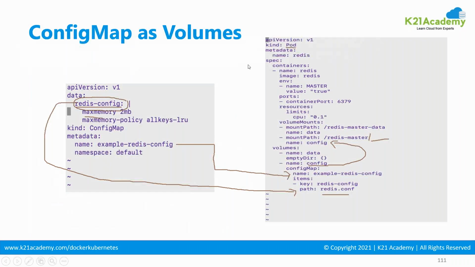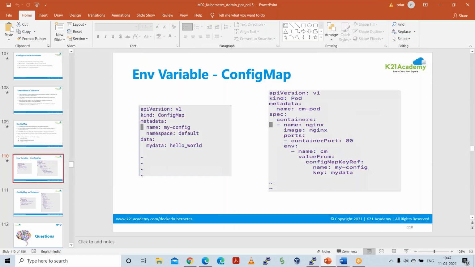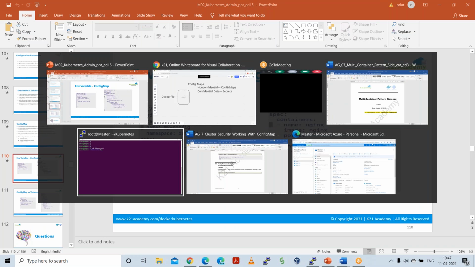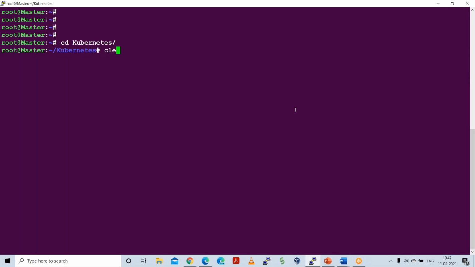So let us now, guys, go ahead and try to deploy this config map in the cluster so that you will understand it appropriately. I am going to take you to my Kubernetes cluster. Guys, let me show you some config maps.